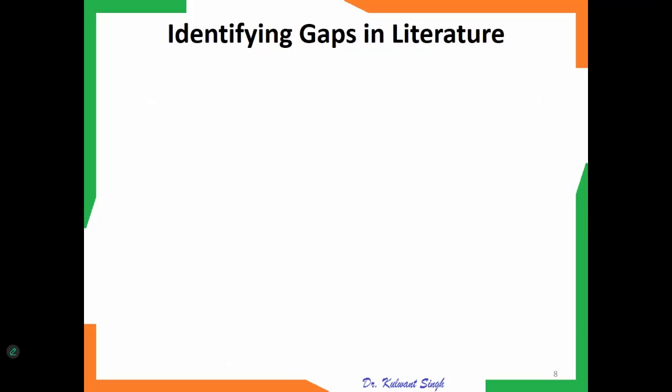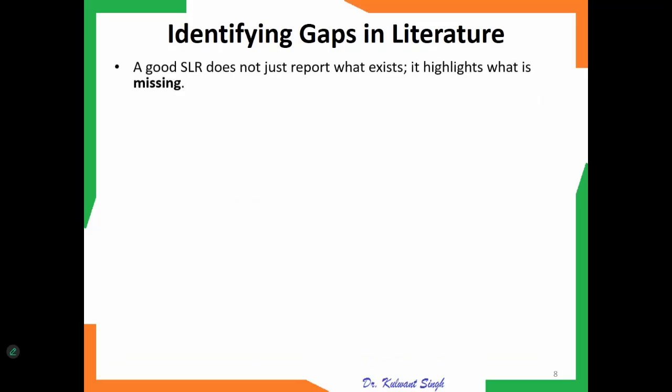Now, identifying the gap in the literature, because the main motive of an SLR is to identify the gap. A good SLR does not just report the existing information, but it also highlights what is missing at present in a particular area or on a particular topic. That is the main thing.